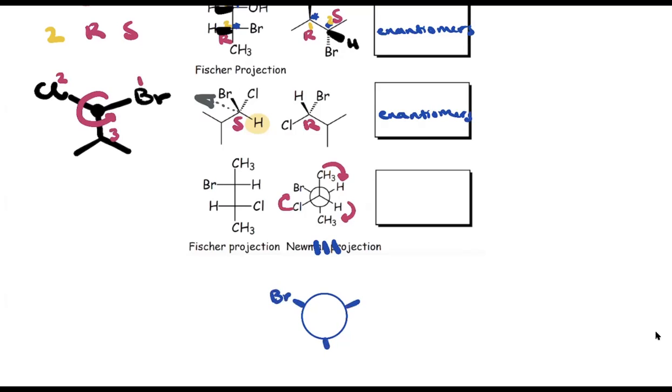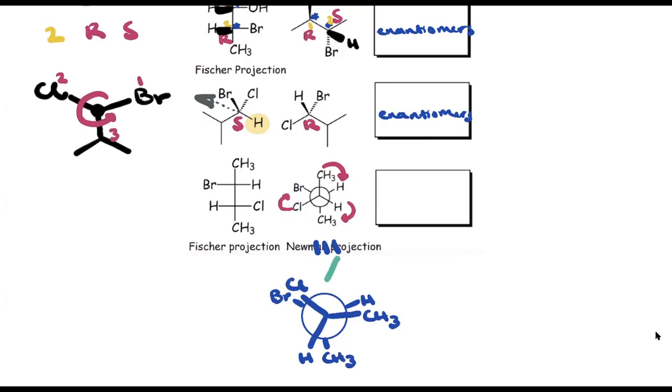So bromine, hydrogen, CH3. Okay, and then you're going to have CH3, hydrogen, and chlorine. Now what I want to do is translate this into a Fischer projection.